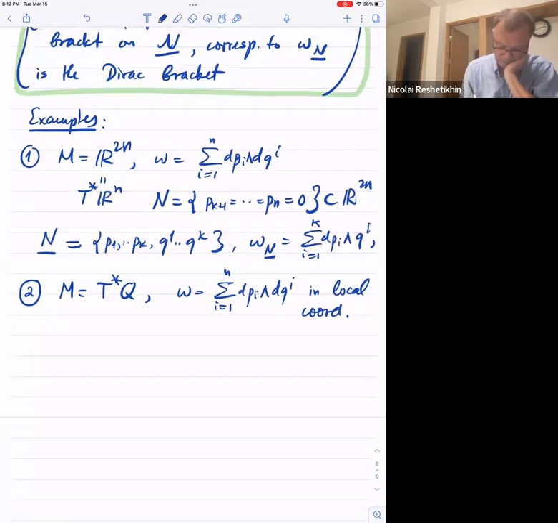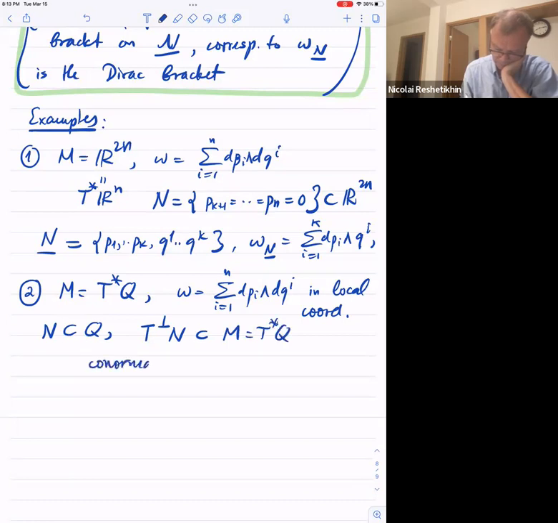And let's say that M is a submanifold in Q. Then the conormal bundle is a submanifold in the cotangent bundle, and it's coisotropic.